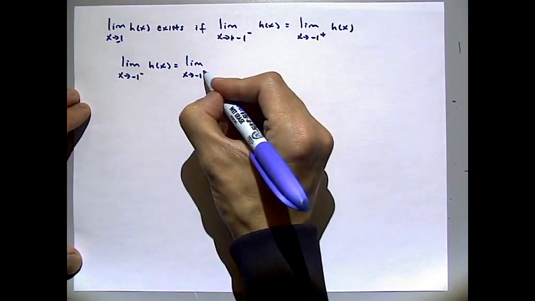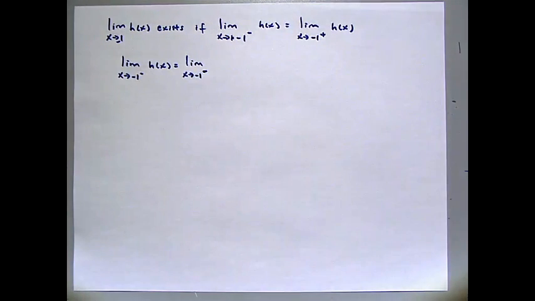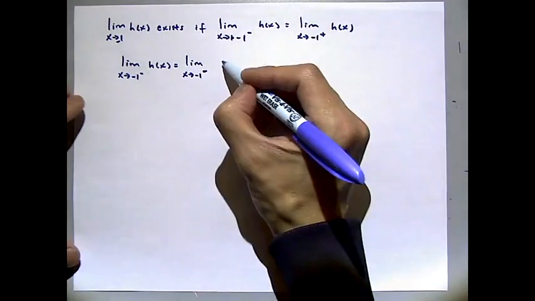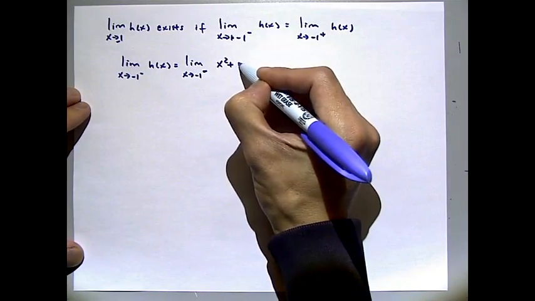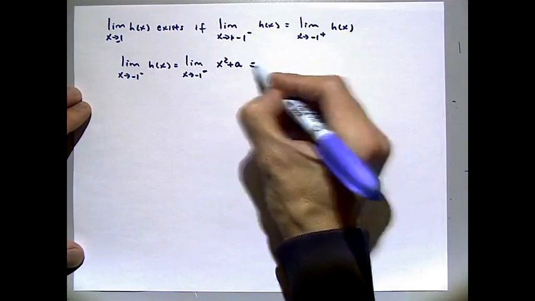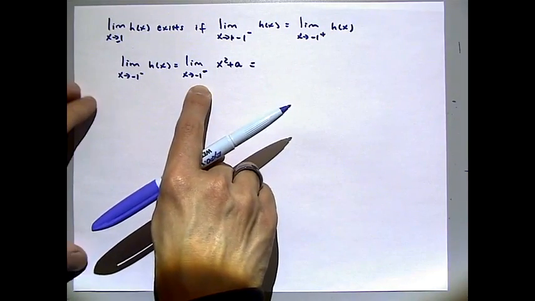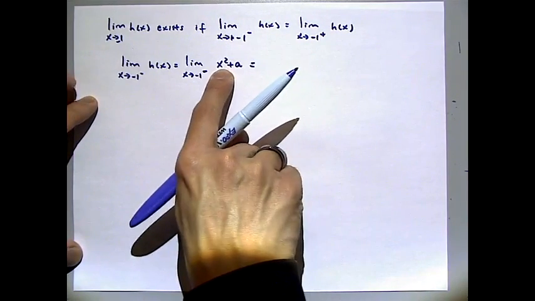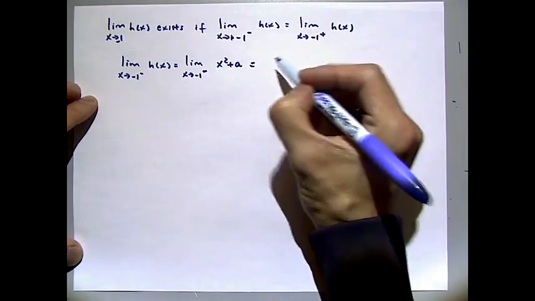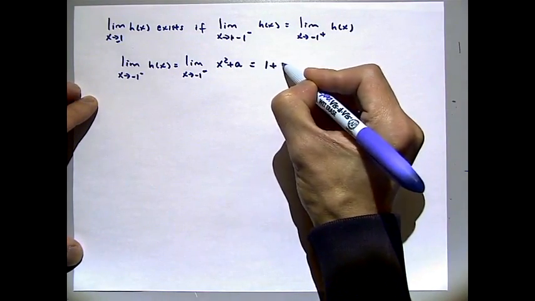From the left means we're looking at x values smaller than minus 1, and that refers to the top of the two branches. So we're looking at x squared plus a. And when x gets closer and closer to minus 1, smaller than minus 1, then this becomes closer and closer to 1. So this turns into 1 plus a.